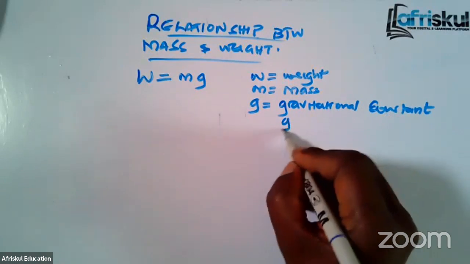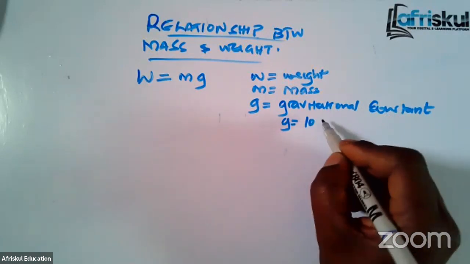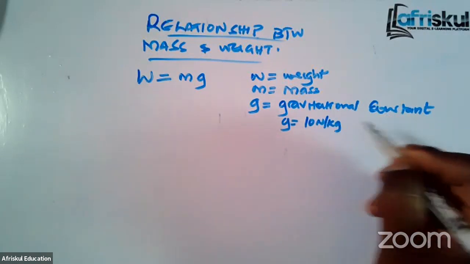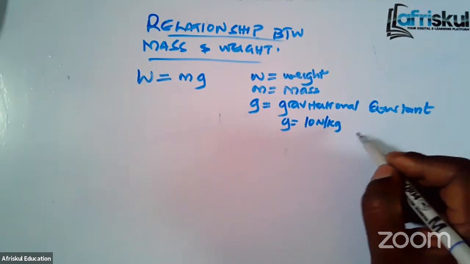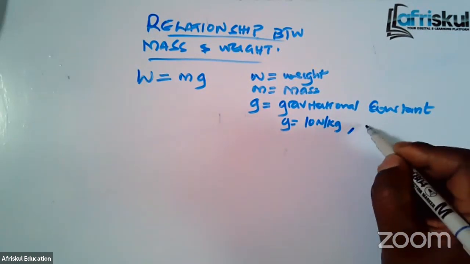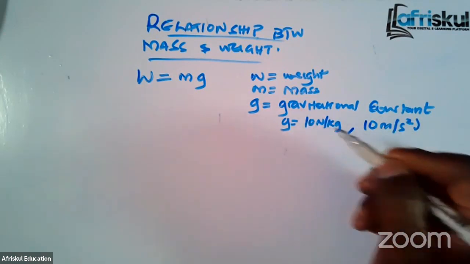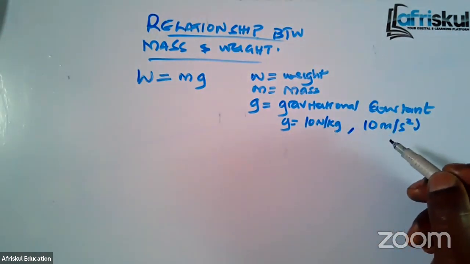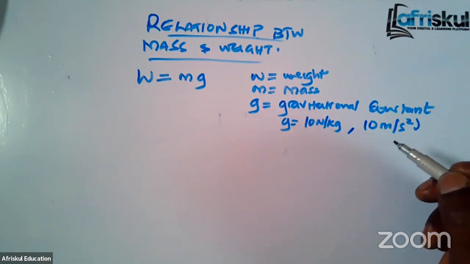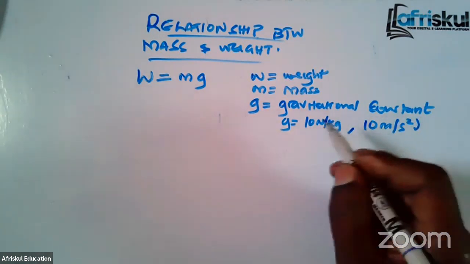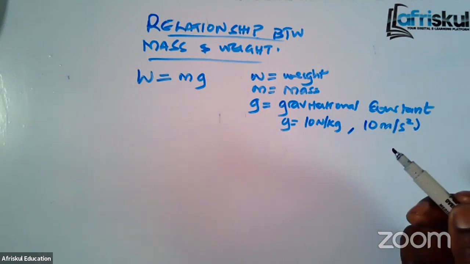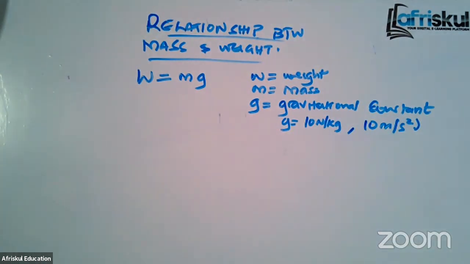On Earth, the value of g is given as 10 Newton per kilogram, or when you're using it in motion, the units can also be given as 10 meters per second squared. It's not a very accurate value. Some people would give it as 9.8 or 9.8 something, but usually for simplification of our calculation, we just call it 10.